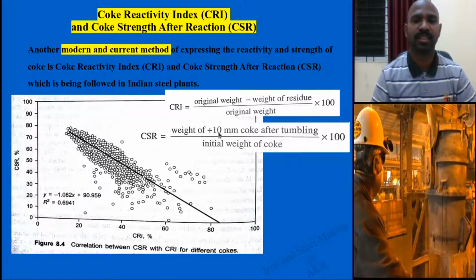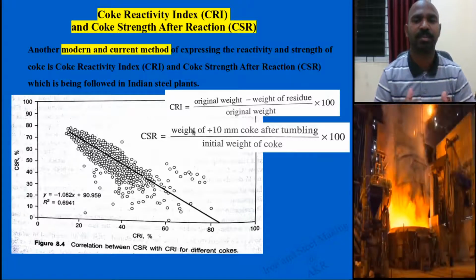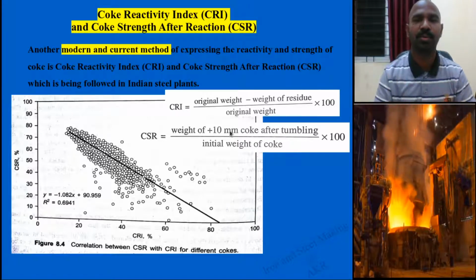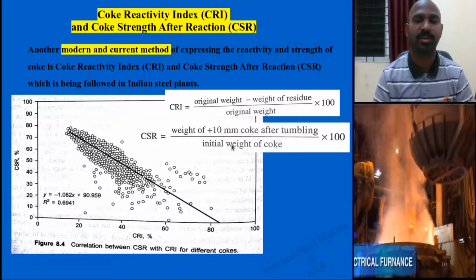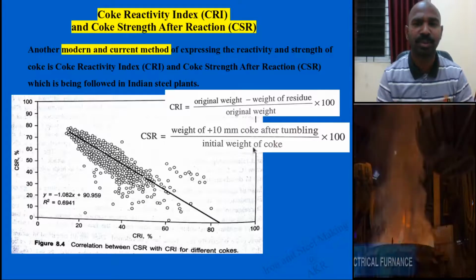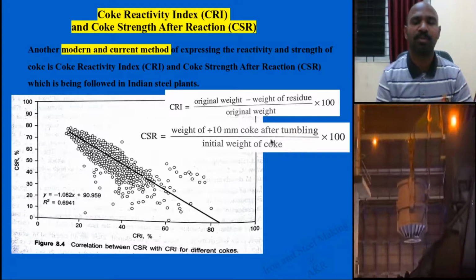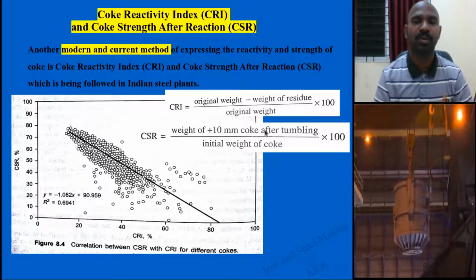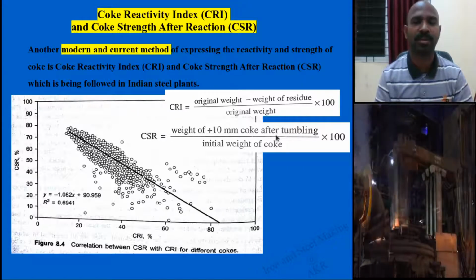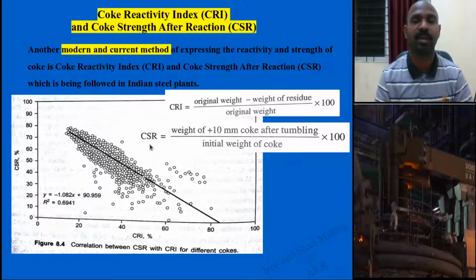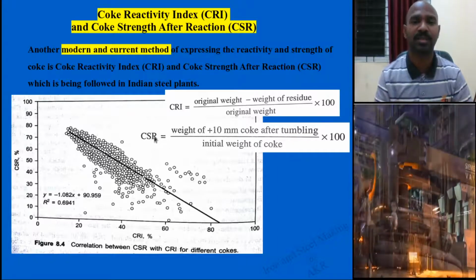The coke particles are strong. The weight of those 10 mm coke size particles after standard revolutions, divided by the initial weight of the coke before revolutions, before rotation, after rotation. This is the before-rotation value, this is the after-rotation value. You will get the coke strength after reactivity.